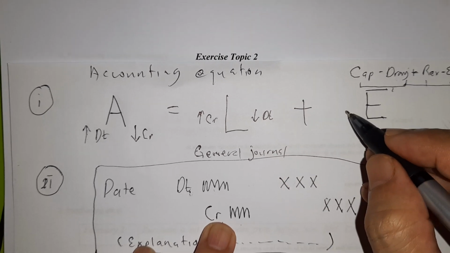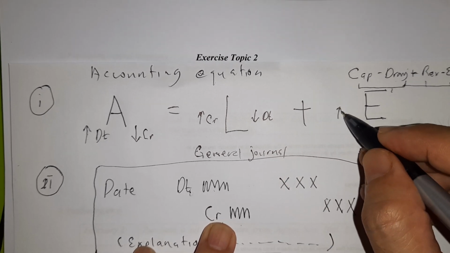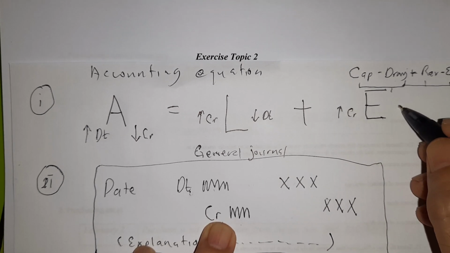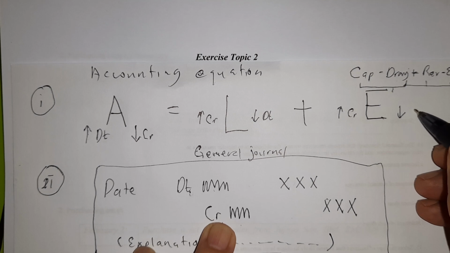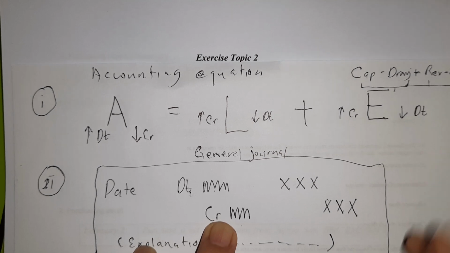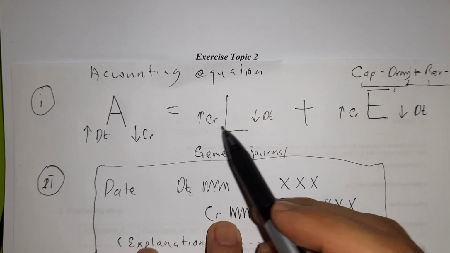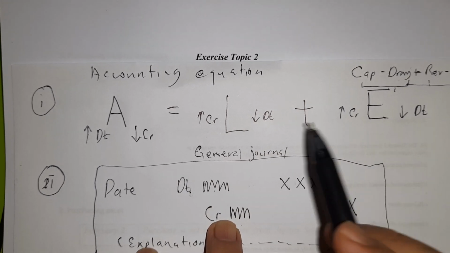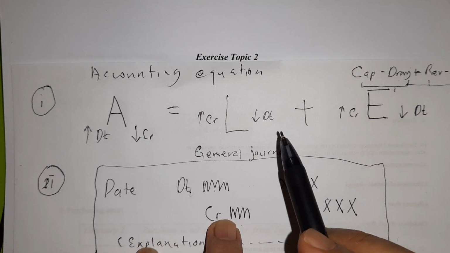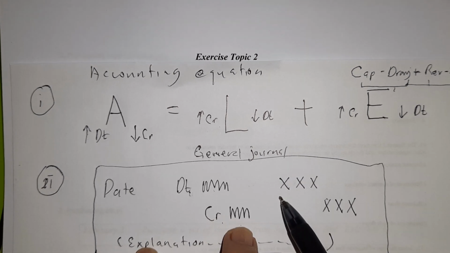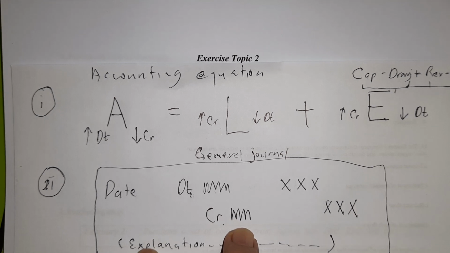For the equity also, if there is an increase in equity, you have to credit the equity account. If there is a decrease in equity, you have to debit the equity account. So you have to memorize this rule. Always remember this rule. If you can remember this rule, then you can do the journal entries.